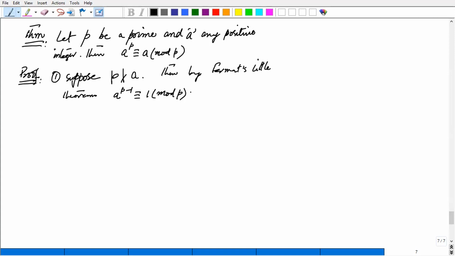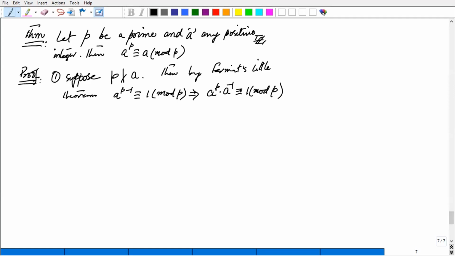And this can also be written as a to the power p times a to the power minus 1 is congruent to 1 modulo p, because these integers are in Z modulo p.